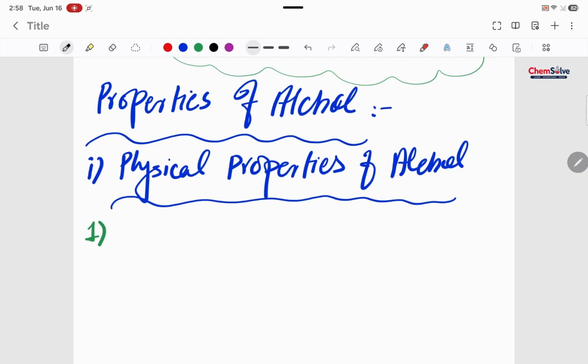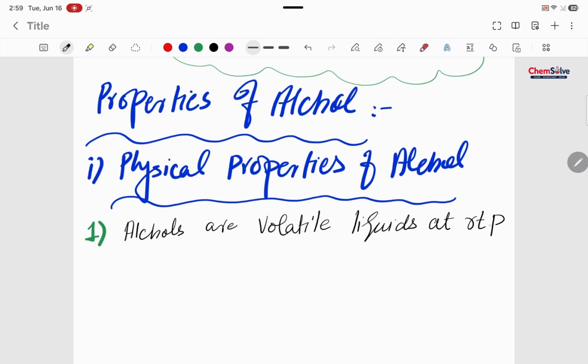Alcohols are volatile liquids. At room temperature and pressure, they are colorless and smell sweet.